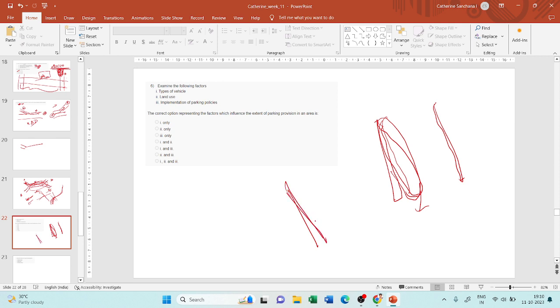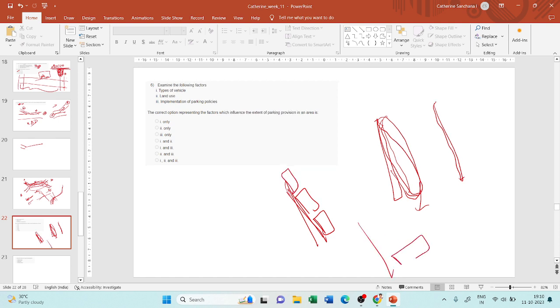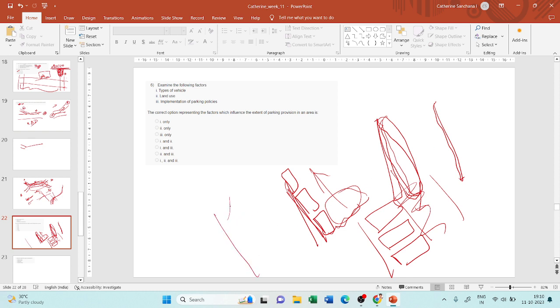So this is my curb. I can park the cars parallel to the curb, or they can be parked perpendicular to the curb. What is the difference? This will give you a lot of space for the vehicles to move, but this maybe will reduce the space. Or you can even provide angled parking, like this. So this comes under on-street parking.